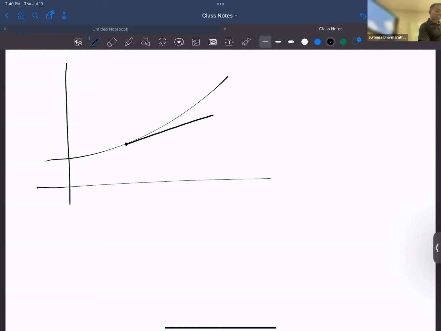Let's say this function is f of x, and this is point A. Now, what is the slope of the tangent at that point? Say this is the tangent line. What is the slope of this tangent line?